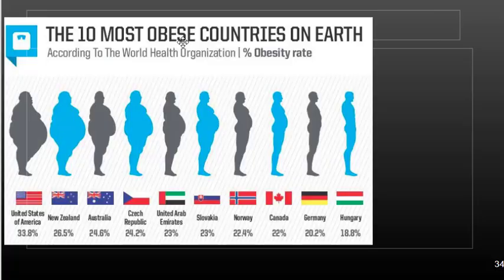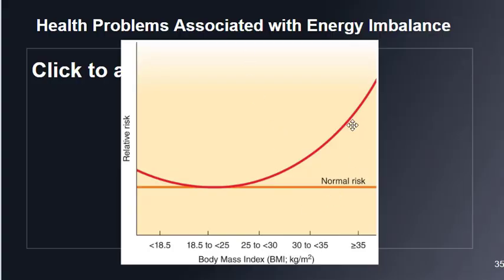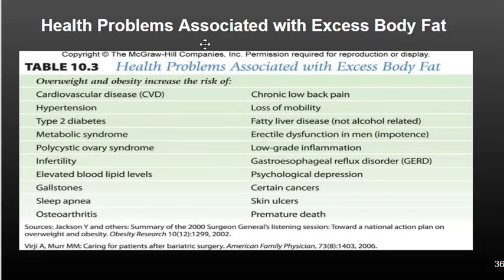Okay, there's significant health risks in being in positive energy balance, in being either overweight or obese. So you can see a significant risk of death as people become more and more obese. There's also a bit of a risk in being underweight as well. So here's a list of the many health problems associated with being overweight or obese.